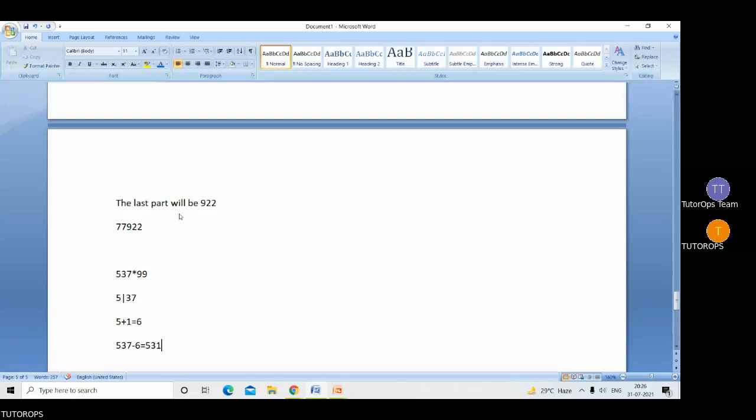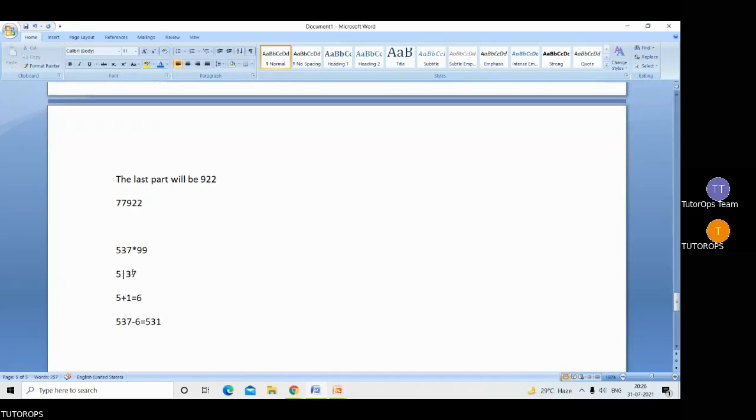And for the last part, we will do the all from 9 but the last from 10 method for the next part, that is 37. So remember one thing: for the first part I am subtracting 6 from 537, and for the next part I am taking the all from 9 but the last from 10 method on 37, which was the next divided part of the 537.